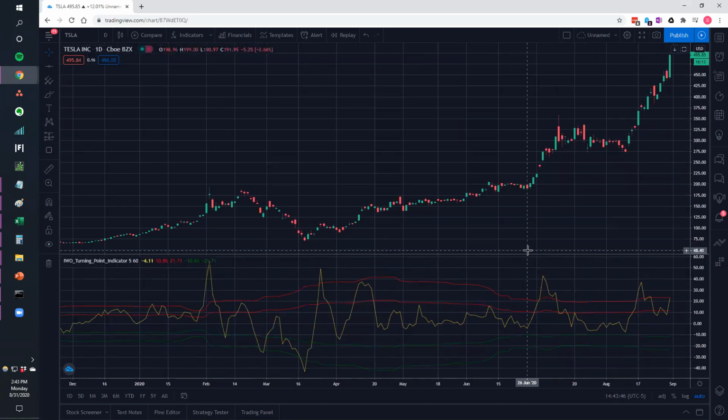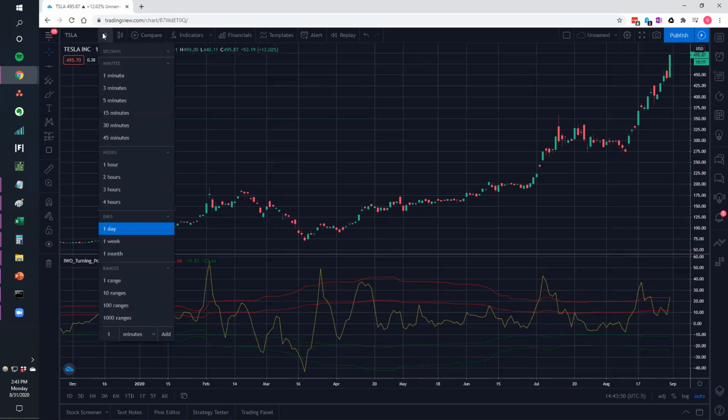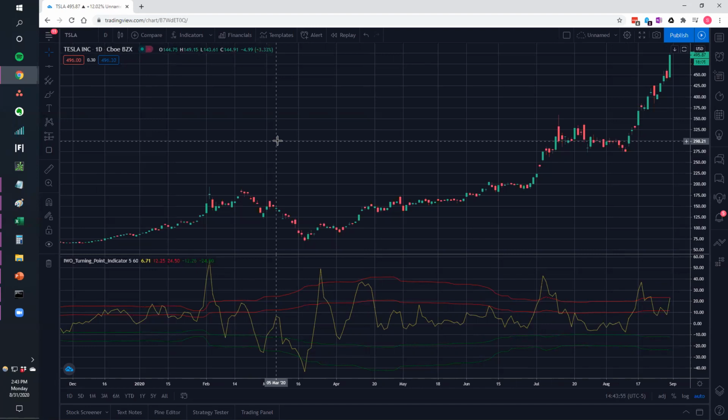Some other cool things that you can do with the turning point indicator is, I'm pretty sure we can set this up. So this is the secret sauce. Instead of looking at the turning point indicator as a function of time, we look at it as a function of range.